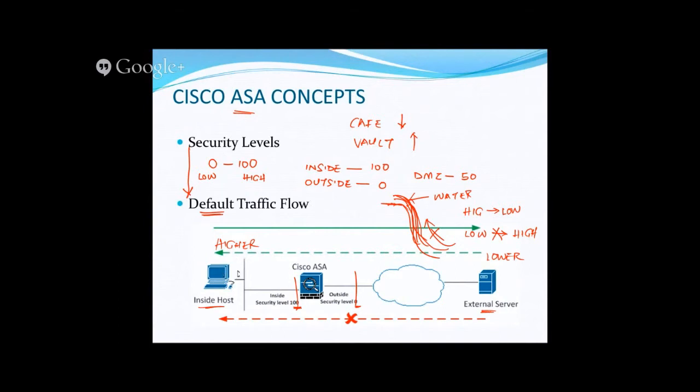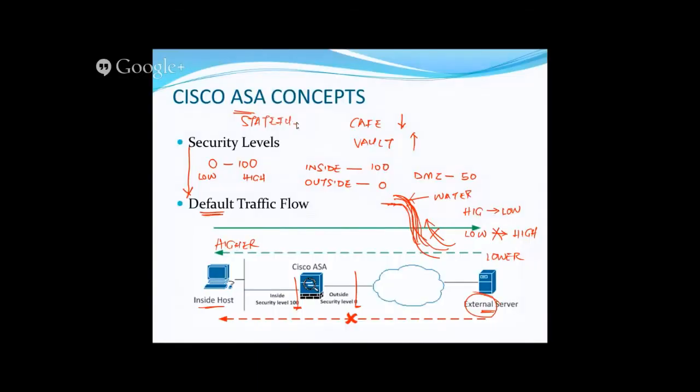In this diagram, I explained that a host on a higher security level can connect to an external server on a lower security level, and the return traffic would be allowed back by default because the ASA is stateful. It can do stateful packet filtering. I also mentioned that if the external server tries to connect to the internal host, that will not be allowed by default. There are ways to edit this default flow.